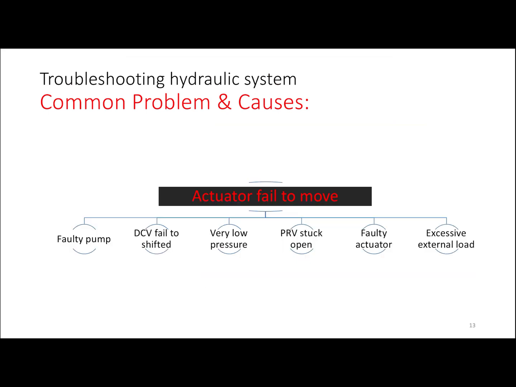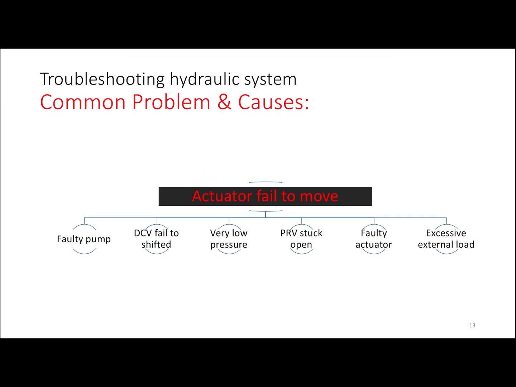Then another problem is if the actuator fails to move. If the actuator fails to move, there are several possibilities. First, the pump is already faulty. And then the possibility the directional control valve fails to shift, or else the system pressure is very low, so it cannot move the cylinder at all.